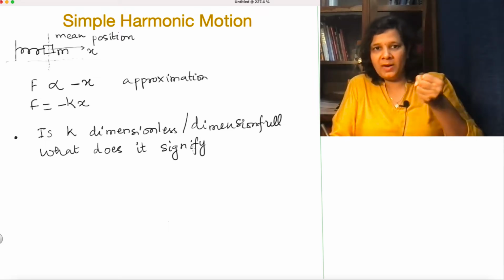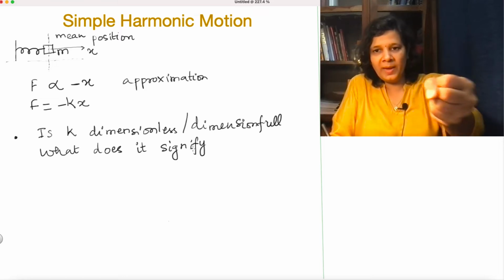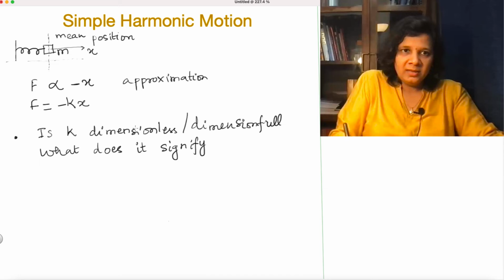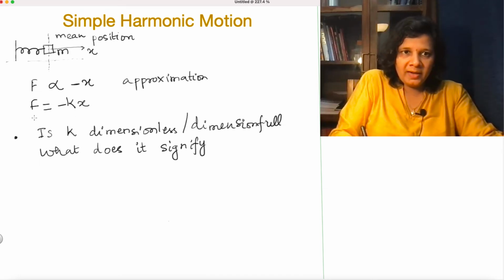So I have pulled the mass and then it goes back and then comes. So like this it will oscillate. I would like to know what this k is.